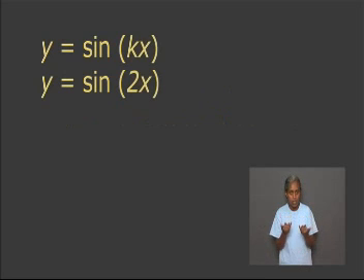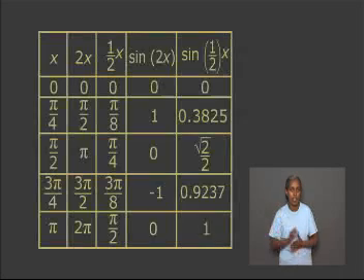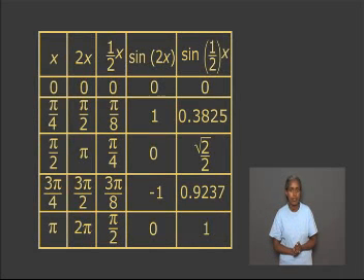Now let us see what happens when we sketch the graph of y equals sine k times x. We will use 2 for our value of k. In this table, we see that the sine of 2x has 0 values at 0, pi over 2 and pi.